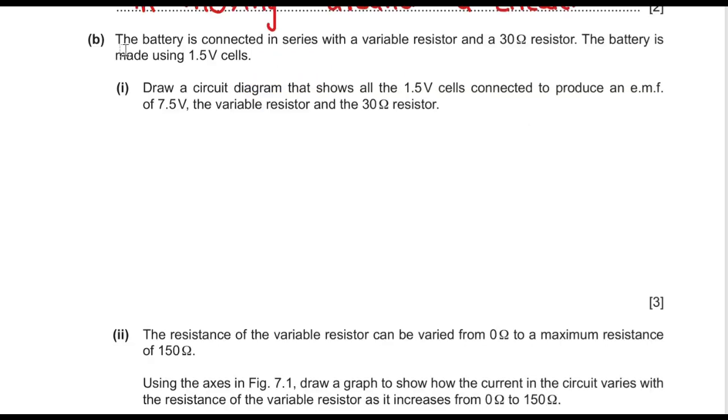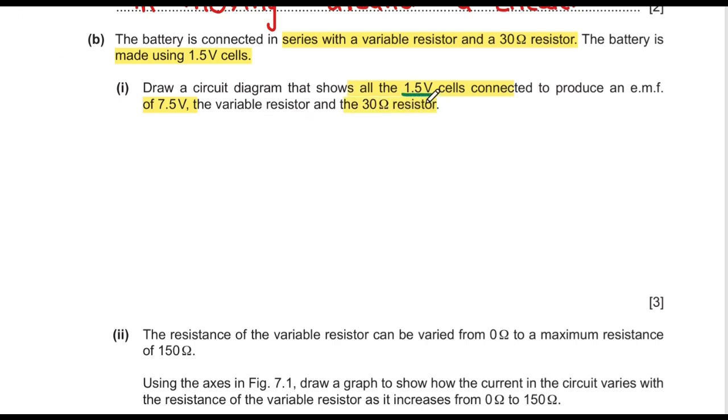The B part says the battery is connected in series with a variable resistor and a 30 ohm resistor. The battery is made using 1.5 volt cells. Draw a circuit diagram that shows all the 1.5 volt cells connected to produce an EMF of 7.5 volts, the variable resistor and the 30 ohm resistor.